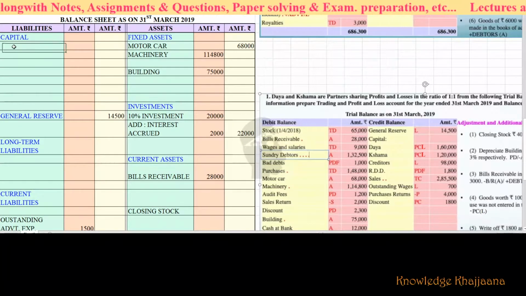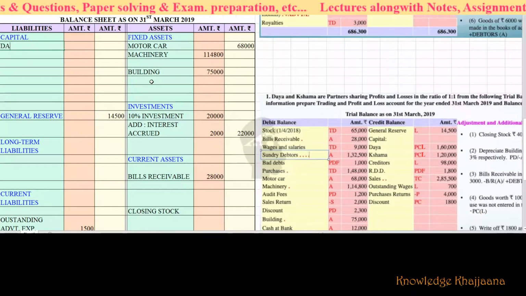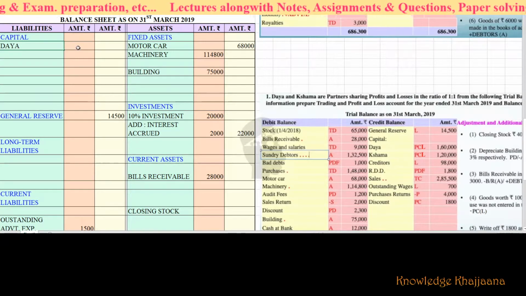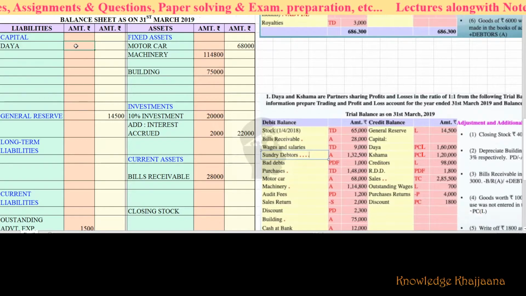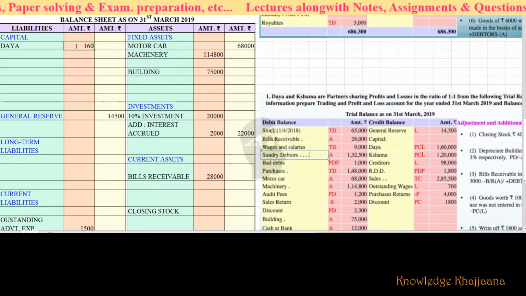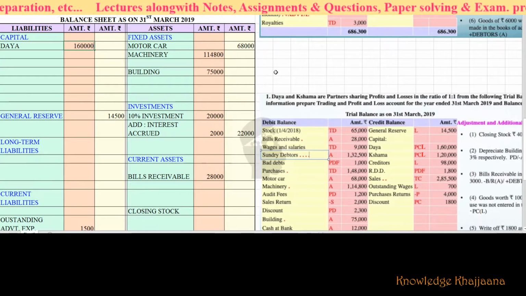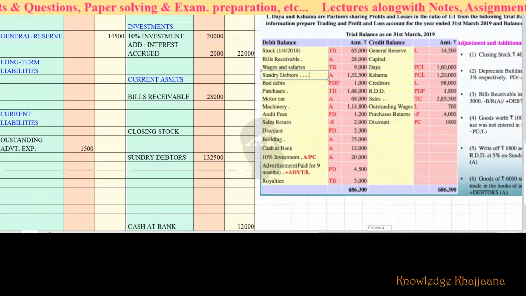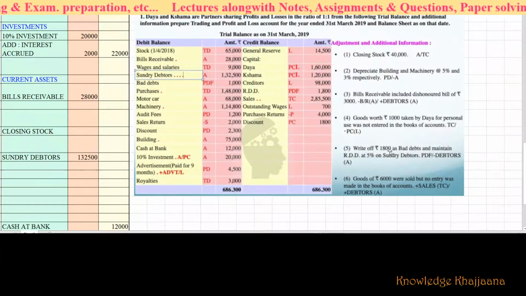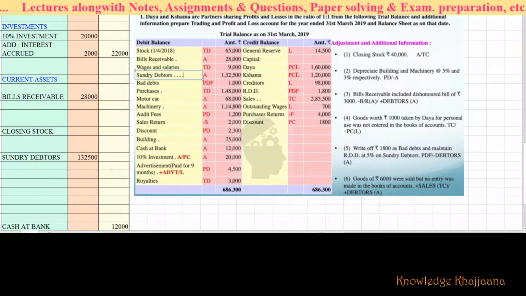Okay, so capital of whom? Daya. How much is the capital of Daya? 1,60,000. See, some of them have withdrawn some goods. Let's see who has withdrawn the goods. Daya. Daya has withdrawn the goods.